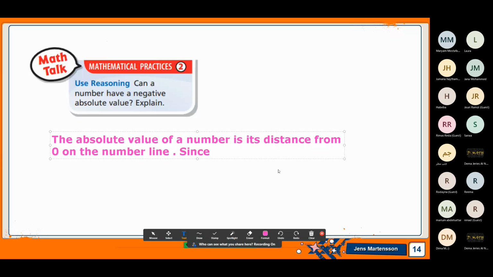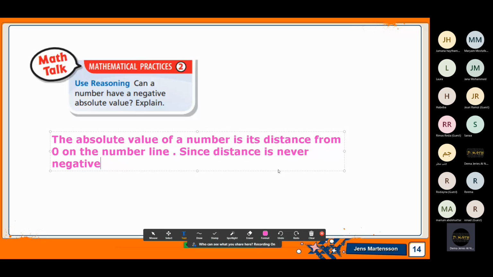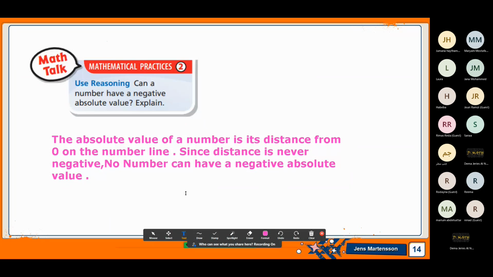Now, since distance is never negative, no number can have a negative absolute value. Teacher, we have to write all of this? Yes, or you can summarize it as you want.